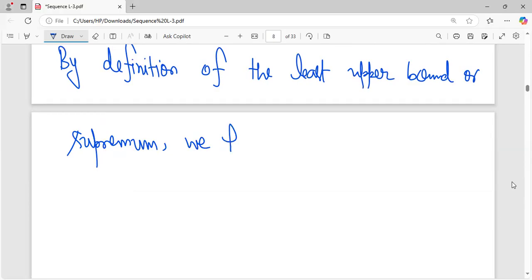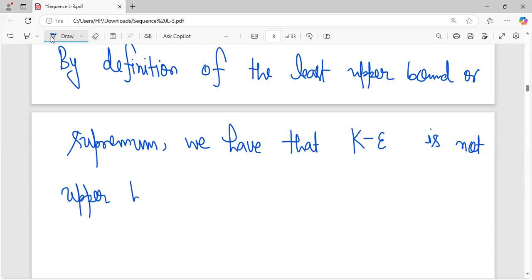we have that K minus epsilon is not an upper bound, because if a number K is the least upper bound, then no smaller number than K can be an upper bound. So what is the meaning of this?